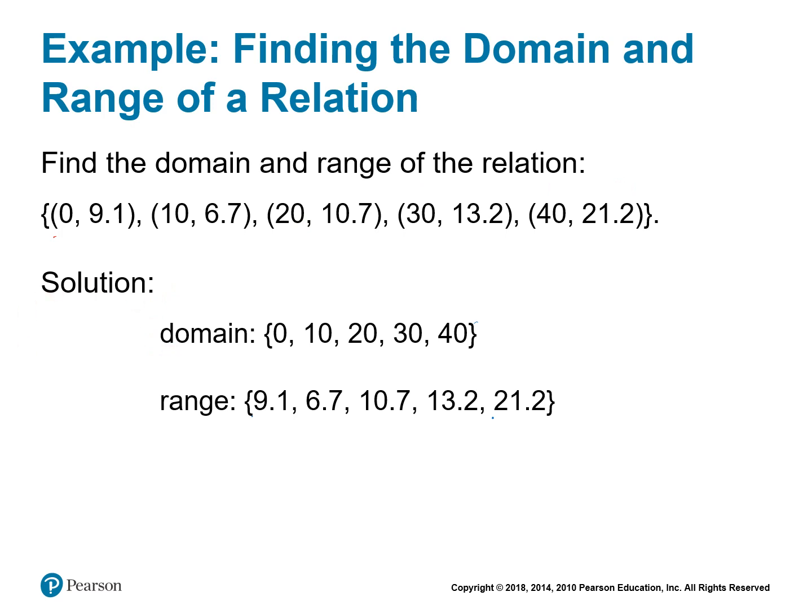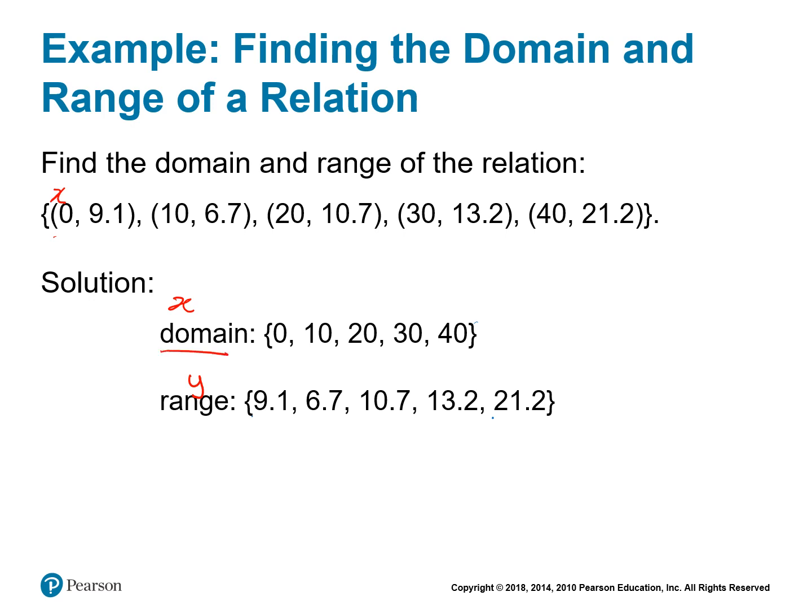So as we know, the domain represents all the x values and the range represents all the y values. So all we need to do is pick all our x values and list them as domain.